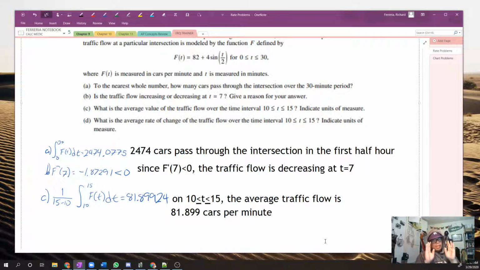Equation equal to 81.89924, and then the summary statement: on 10 less than or equal to t, less than or equal to 15, the average traffic flow is 81.899 cars per minute.